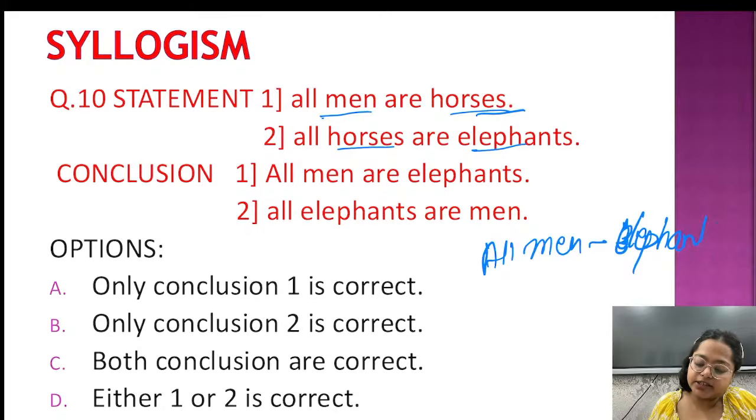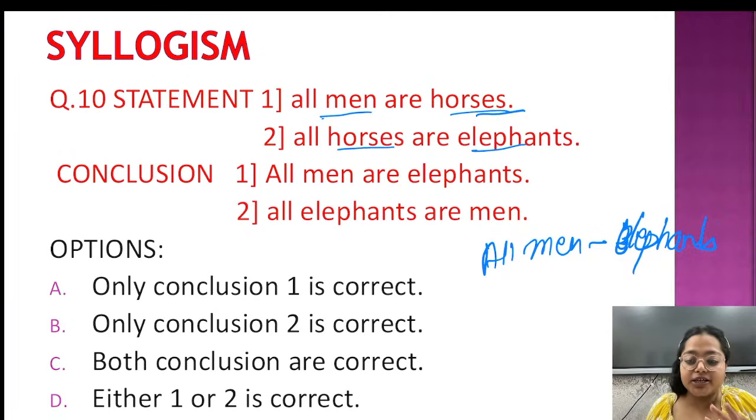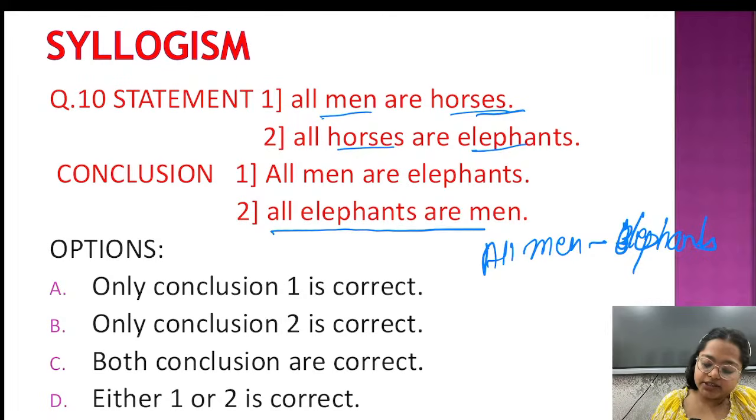This has nothing to do with reality. This is about the question only. Now the next statement says all elephants are men. This statement wouldn't be correct because we only have the data that all horses are elephants. We have only mentioned that all horses are elephants, but we don't know whether all elephants are horses or not.